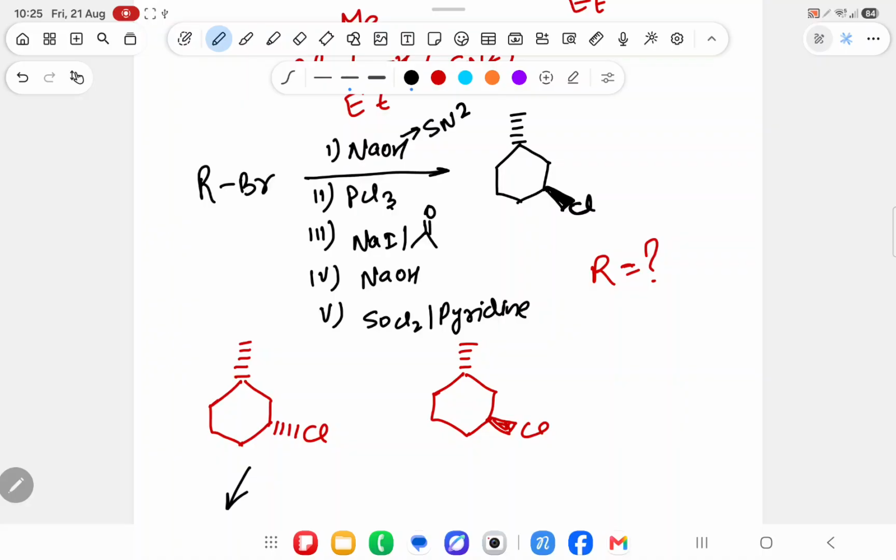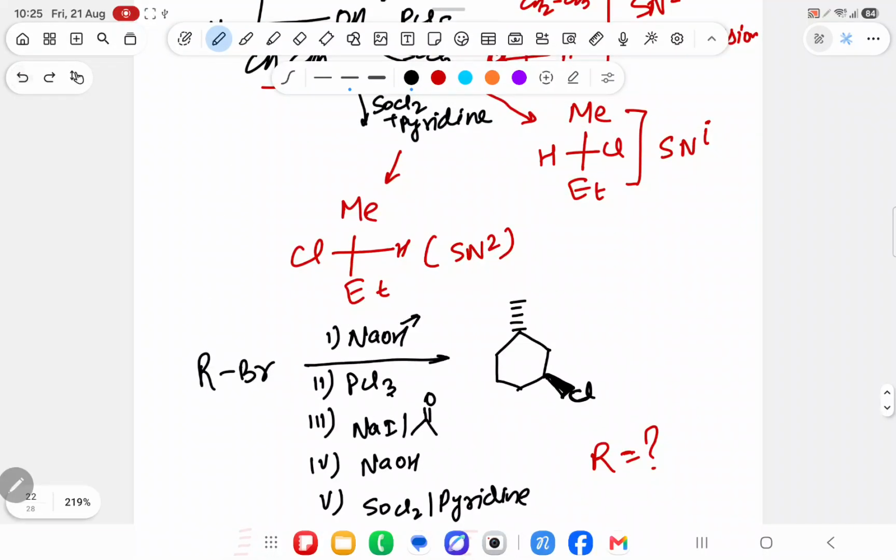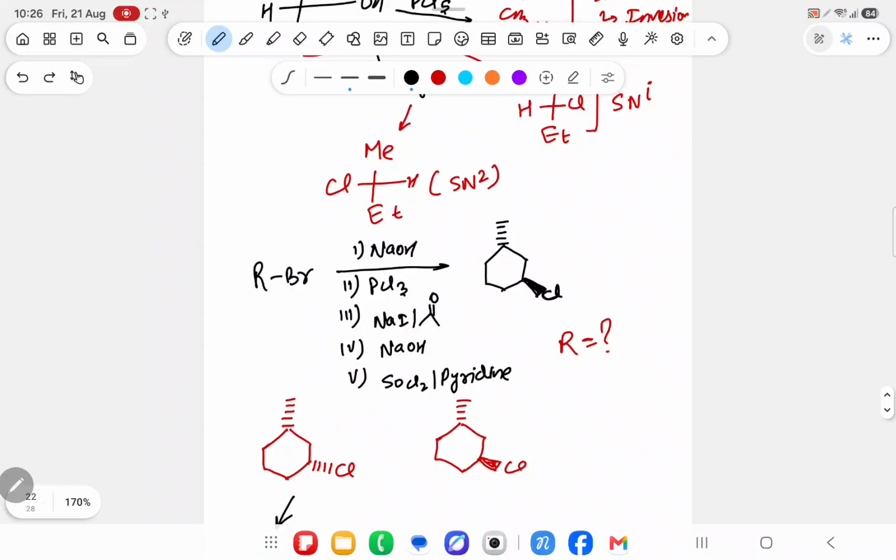It will do SN2. So what happened? This dash will convert it into base. Now I am going to write each and every reaction.